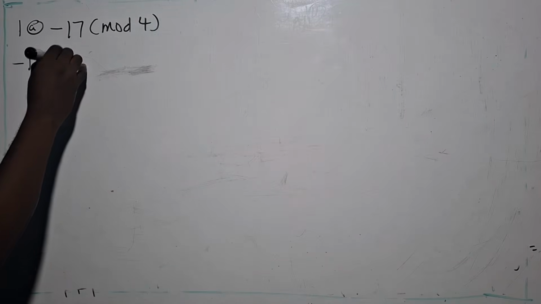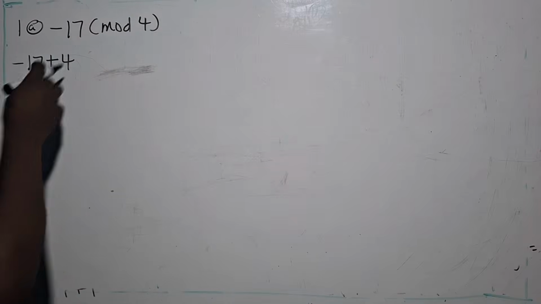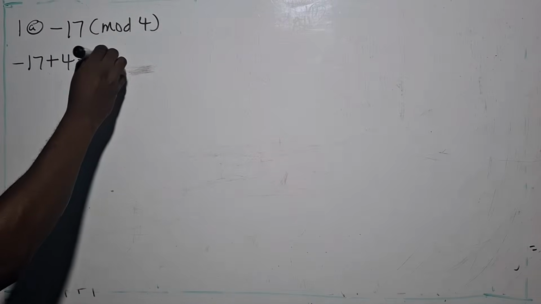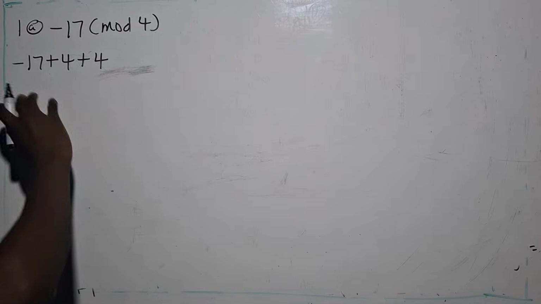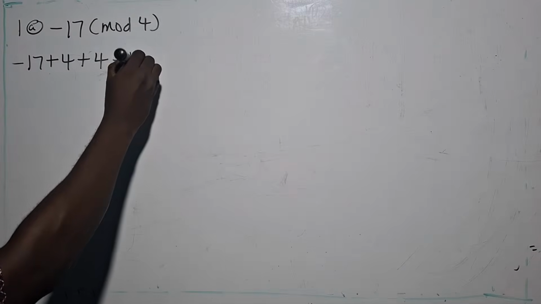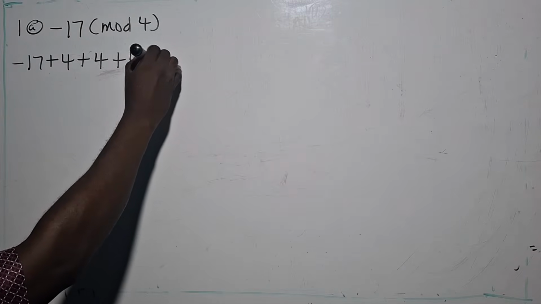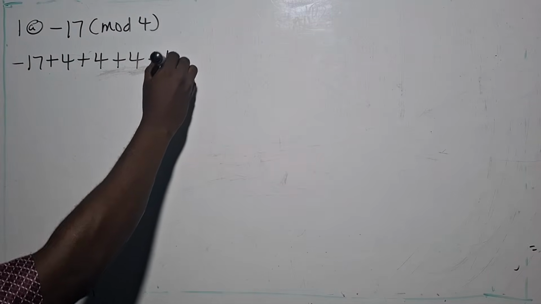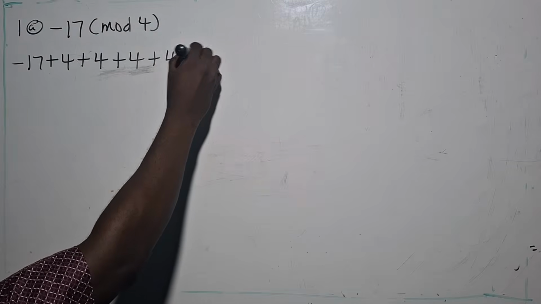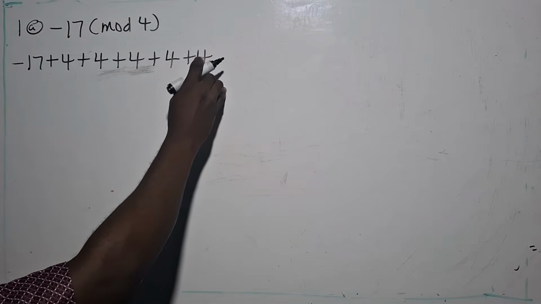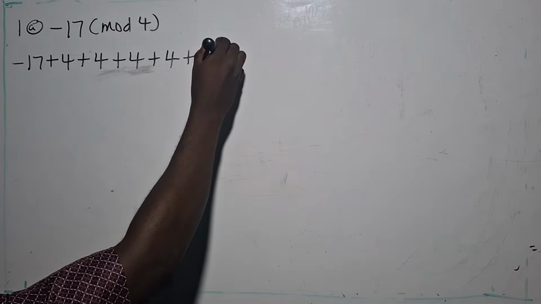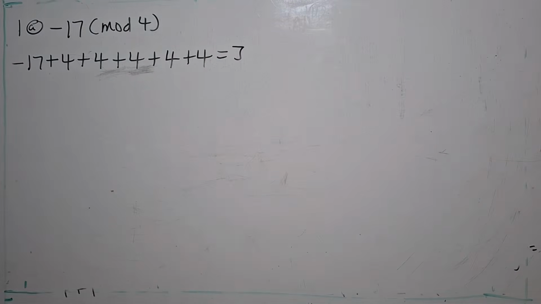So negative 17 plus 4 gives negative 13, then plus 4 gives negative 9, then plus 4, negative 5, plus 4, negative 1. Then plus 4 again gives positive 3.